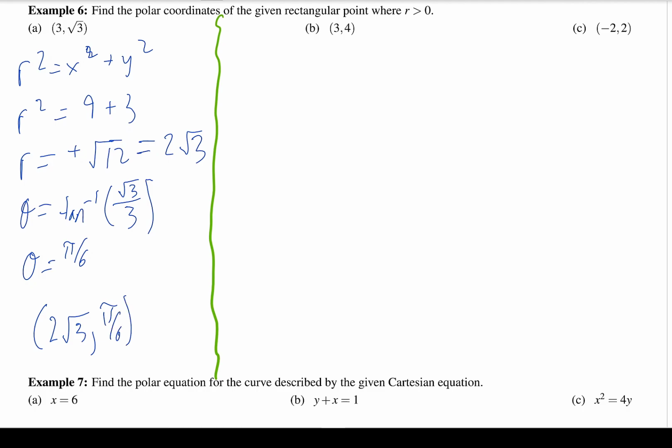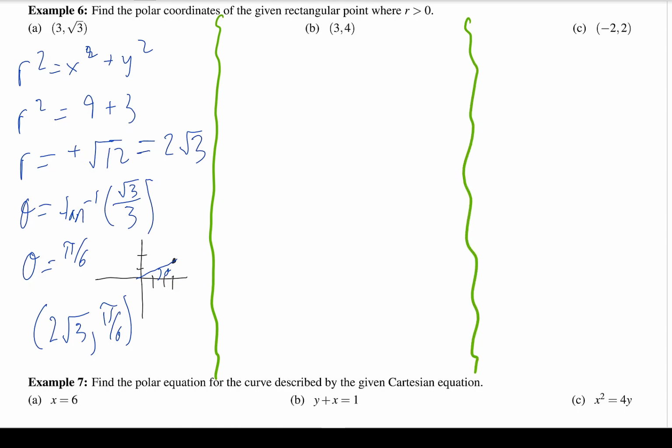And just to make sure that this makes sense, I'm going to go ahead and graph it. So I know that 3 root 3 would end up somewhere in here. And this does look to me like this may have a radius of 2 root 3 and an angle of pi over 6. Okay, so it's believable that we got the right answer there.